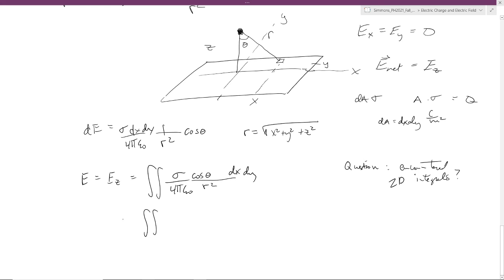So let me pull out the constants. Cosine theta would just be z over r, and you can see we also have a factor of r squared, so our denominator would be to the power 3/2.